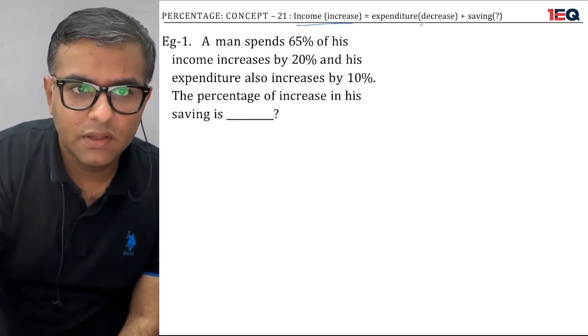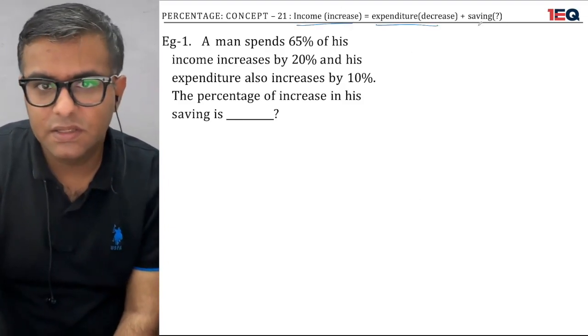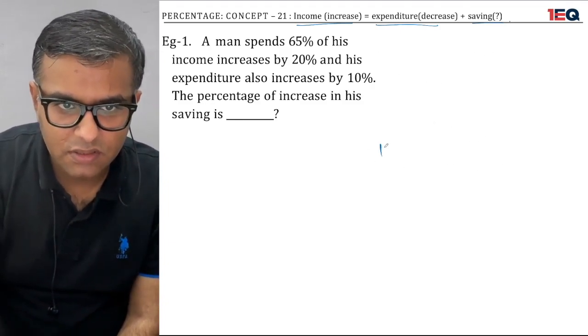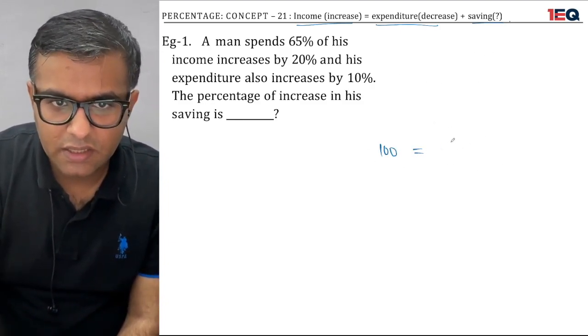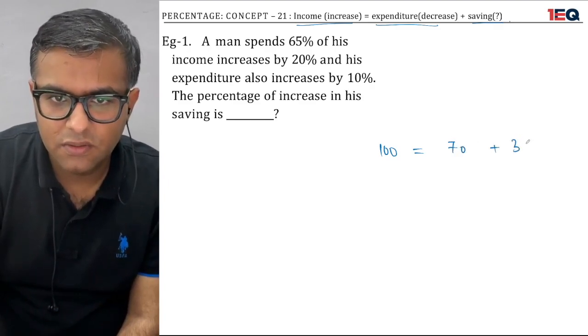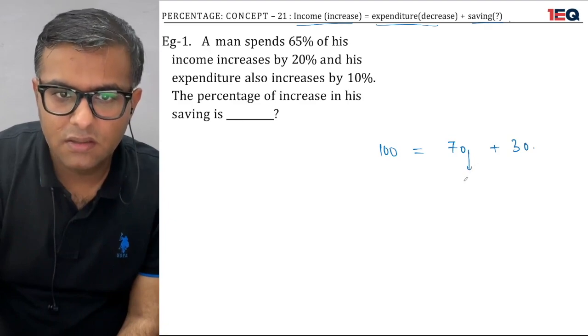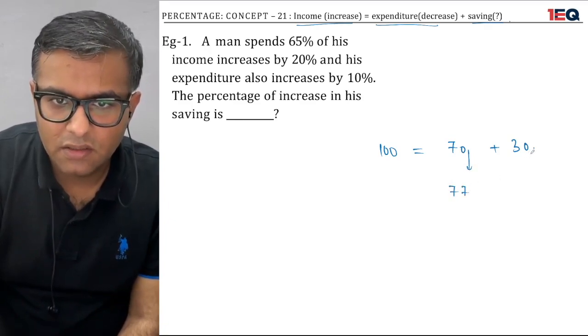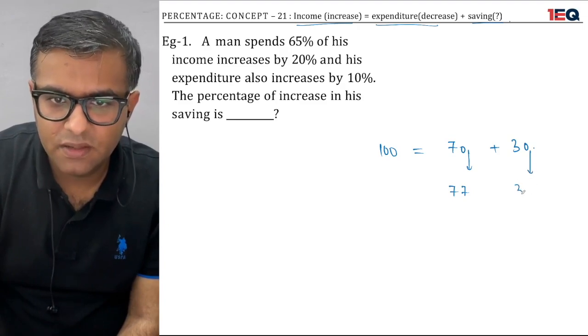So there is an income, there is some expenditure and then there is saving. A person earns 100 rupees of income and he spends 70% of it. So the savings that he has is equal to 30%. Then the expenditure increases by 10% and the savings also increase by 10%.